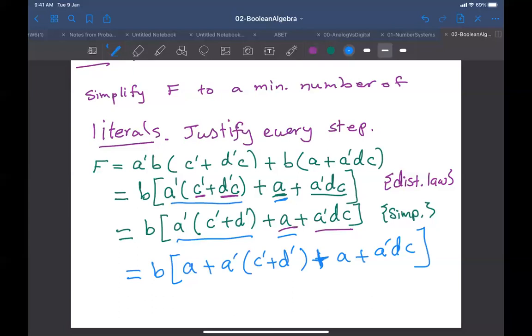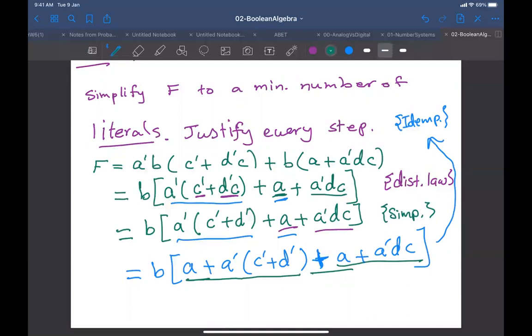This is by idempotence. I just replicated the A here. I replicated the A twice instead of just once because I want to use the simplification rule here as well as here. I don't have to do this, but just for illustration, I'm doing it for illustration.